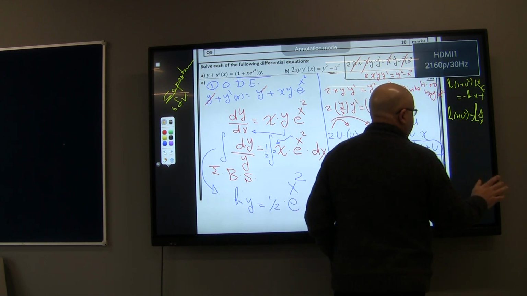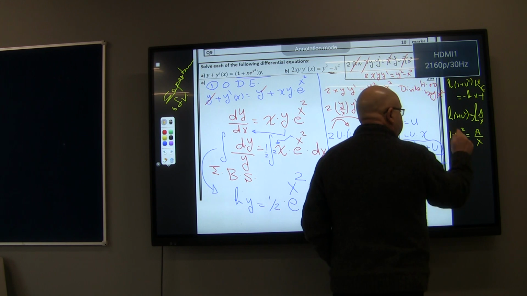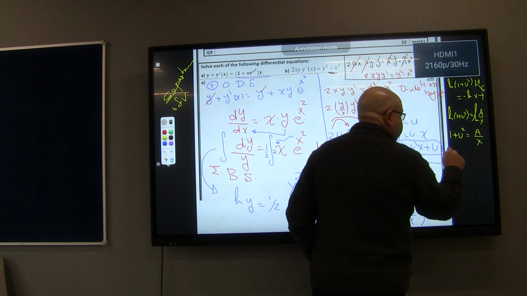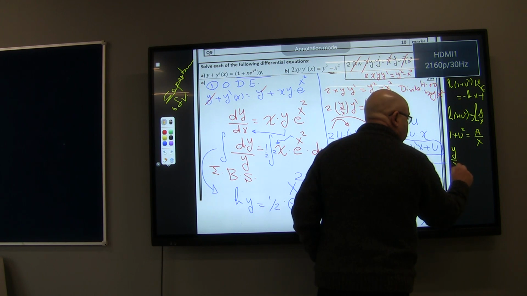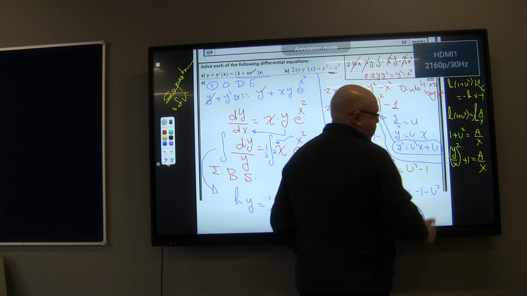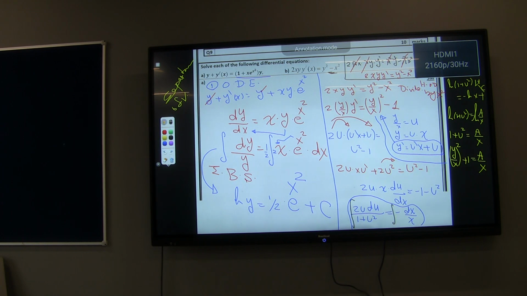So you will have 1 plus u squared equal a over x. Start replacing u by the value of y over x. So it's simply (y over x) to the power of 2 plus 1, which is going to equal a over x. And this will stand for the general solution for this problem, as you can see.